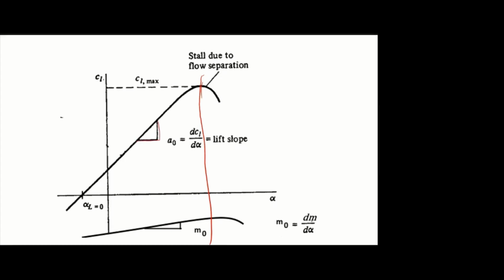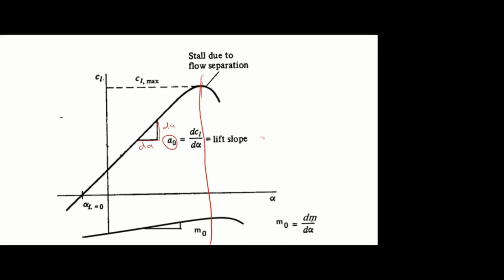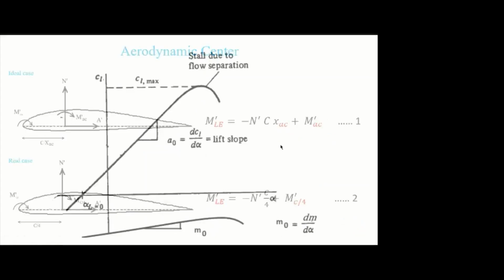The lift slope, dCl by d alpha, we denote as A naught. Similarly, for the moment curve we can find the moment slope dCm by d alpha, which we denote as m naught. In the upcoming derivations, we will use A naught and m naught.